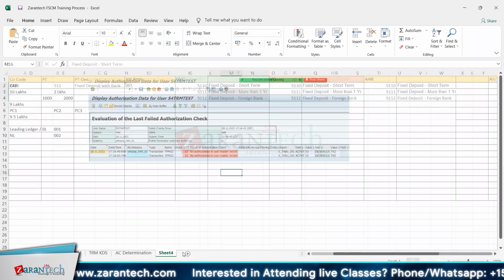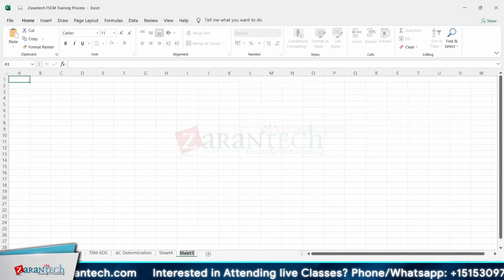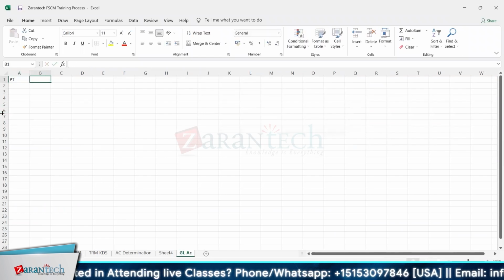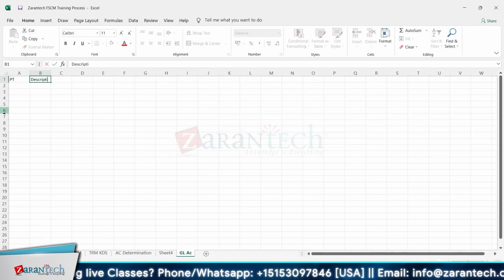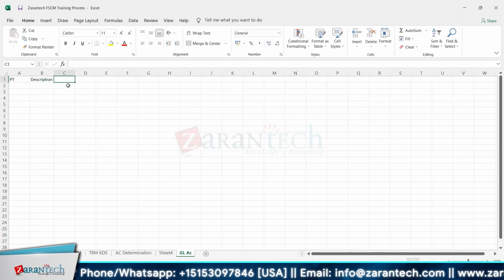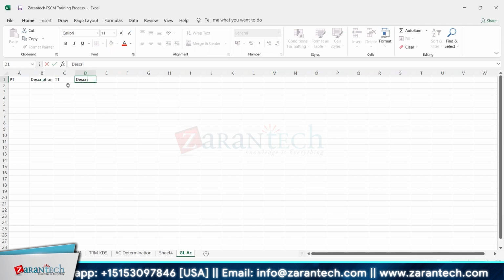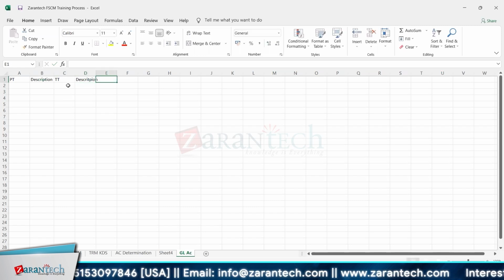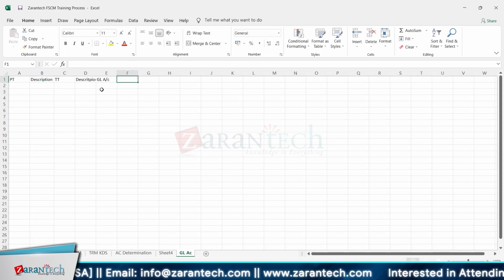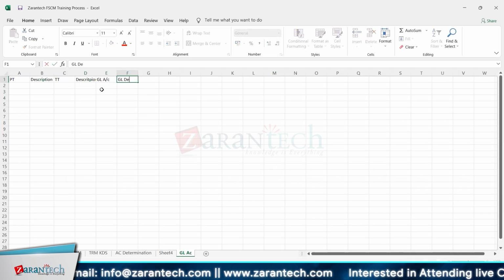So you maintain another worksheet wherein you can see GL account. And here you say product type, description. Then you say transaction type, description. And here GL account and GL account description.